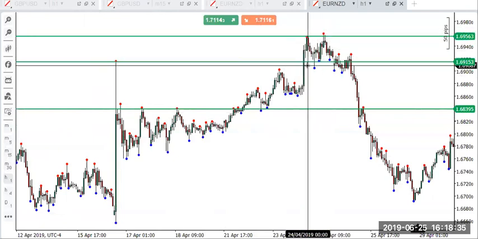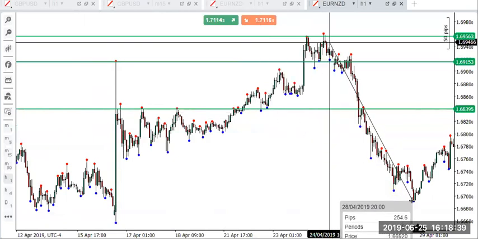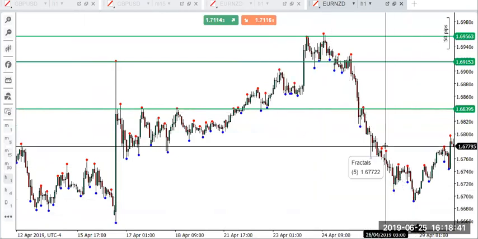One little letter M for 254 pips. However you wanted to take the trade, whether you wanted to take 50 out of it, the whole 254 in portions, or you wanted to run it, swing the trade.